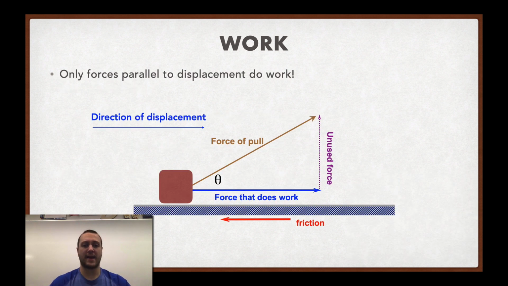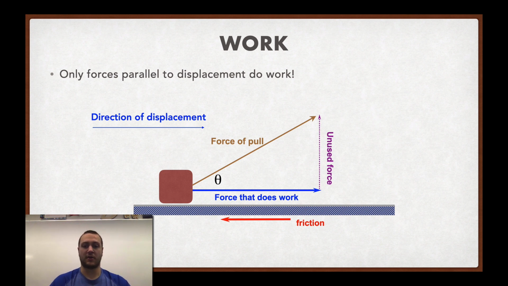If we look at this example here, we can jump right away into angles. This goes back to our unit on forces, so we're comfortable with forces working at angles. Notice the difference here: we have the force of our pull, we have the direction of our displacement, and we have the force that's actually doing work along with this unused vertical force.